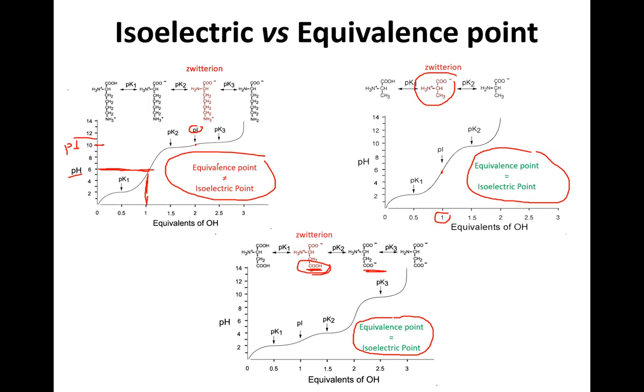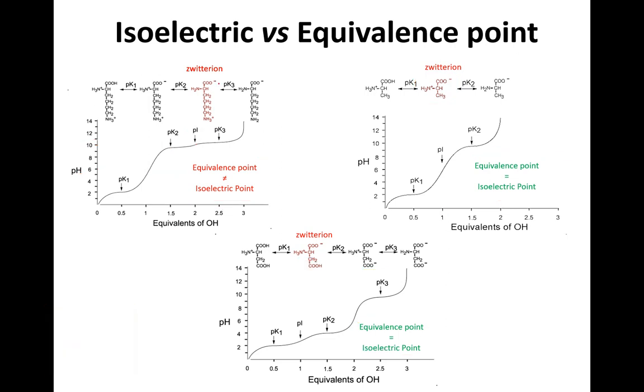Now, you can actually calculate where you would expect to get the isoelectric point for each of these amino acids based on the predicted titration of the amino acid. So for any amino acid, what we have done so far, we always started with the fully protonated version. So if I give you an amino acid and ask you to predict where the isoelectric point will be, first you write it all completely protonated.